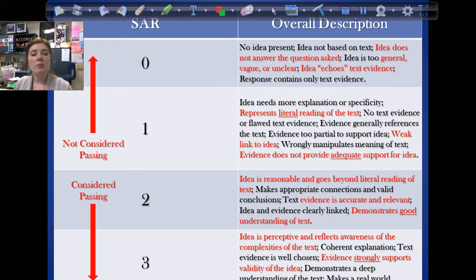A few of you will be able to do a 3 score, which is that deep connection, that really strong, complex awareness of the text. And hey, it's fine if not all of you are 3 writers. But everyone should be able to reach a 2 because that's considered the minimum.